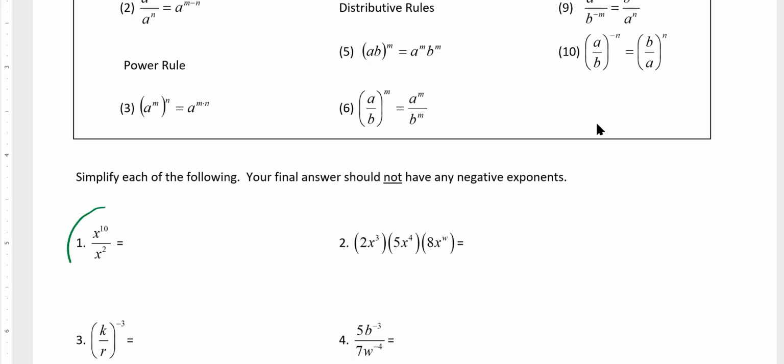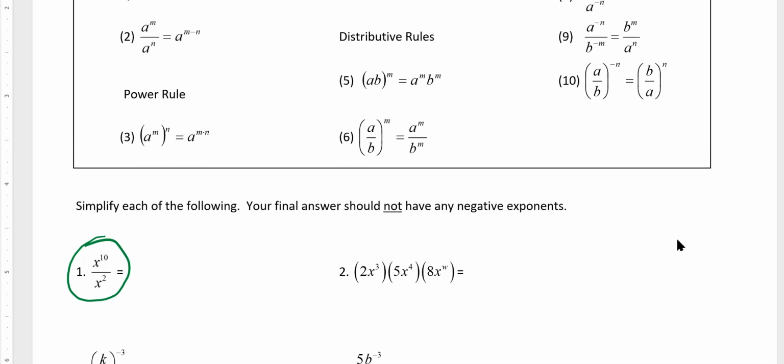The first one is x to the 10th over x to the 7th. You will notice that this rule looks similar to this. This is saying you have something raised to a power on top of a fraction, and the same exact thing raised to a different power on the bottom.